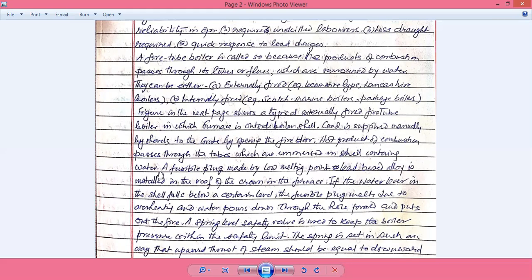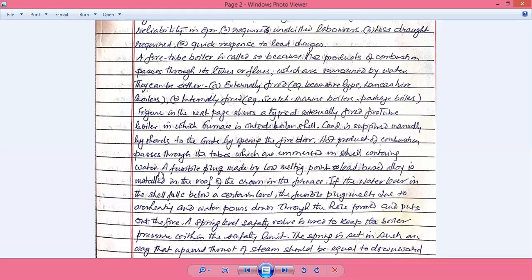Fusible means it can be melted, made of a low melting point lead-based alloy installed in the roof of the furnace. If the water level in the shell falls low, the water still present inside the shell gets excessively heated, and this fusible plug melts down.